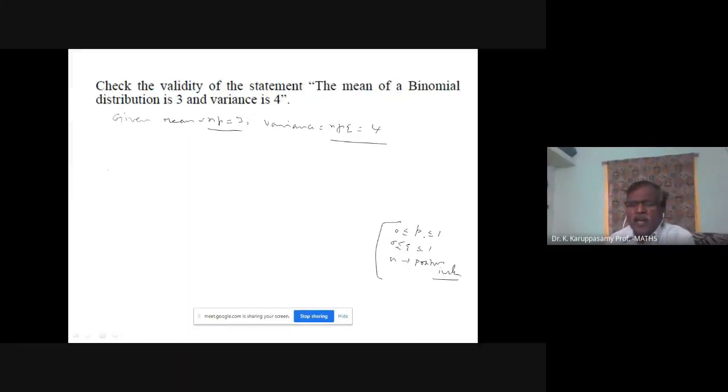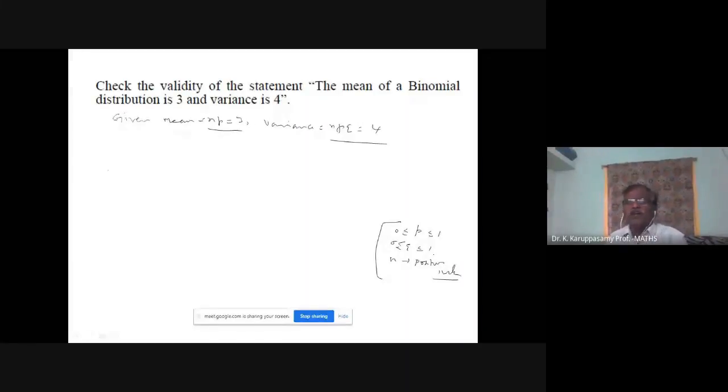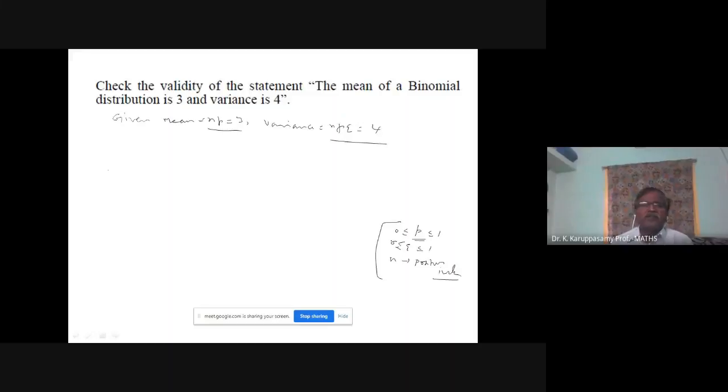If P lies between 0 and 1, Q lies between 0 and 1, and N is a positive integer, then it is possible. Suppose P is 1.5, probability 1.5 is meaningless, so the statement is invalid.